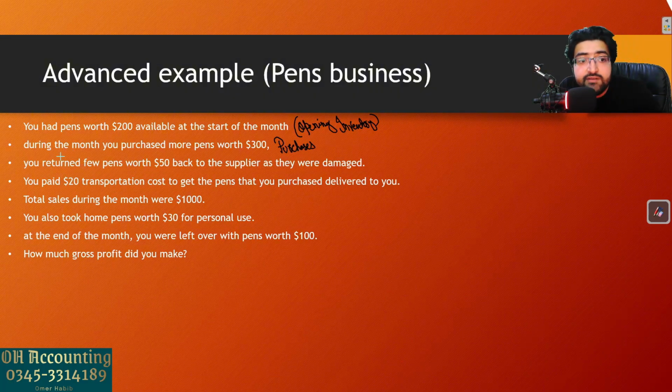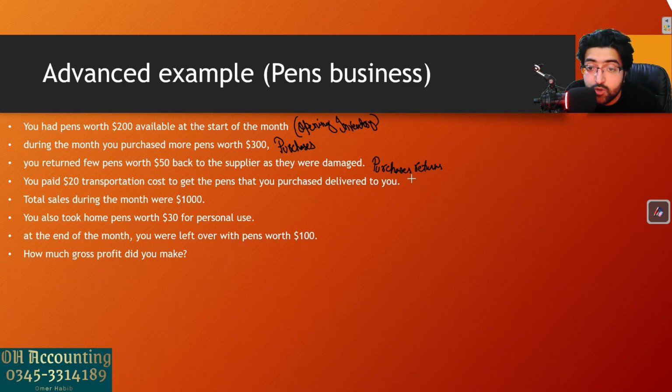You returned few pens worth $50 back to the supplier as they were damaged. Okay. So these are my purchases returns, the goods that I had purchased previously. I am returning those goods back. Purchases returns. You paid $20 transportation cost to get the pens that you purchased delivered to you. So this is my delivery cost.